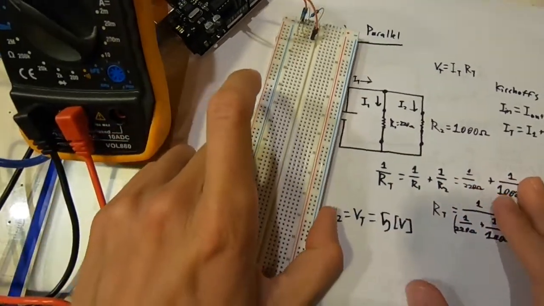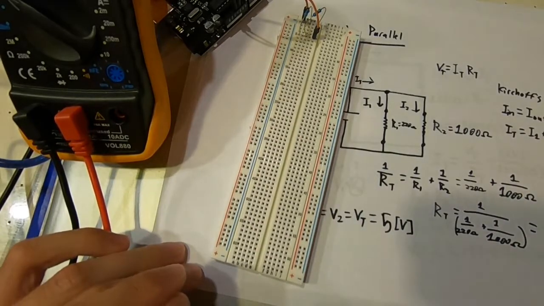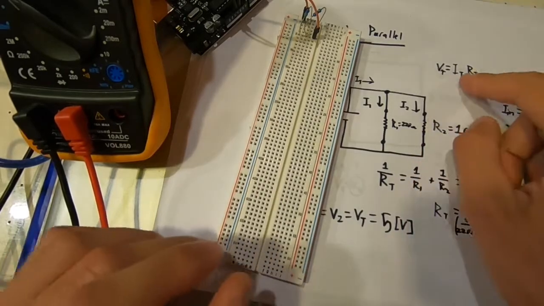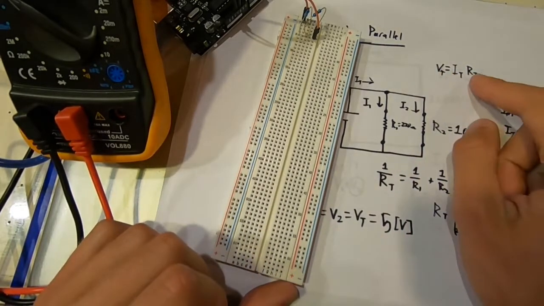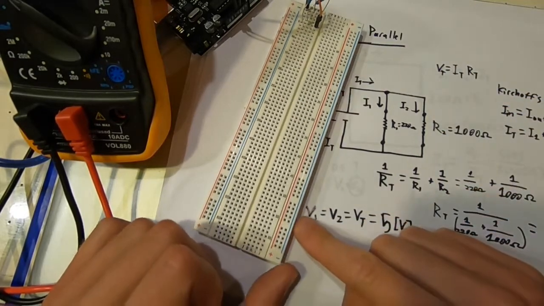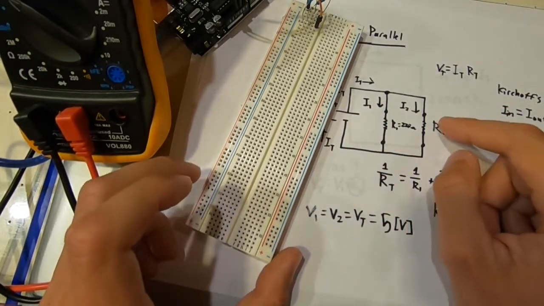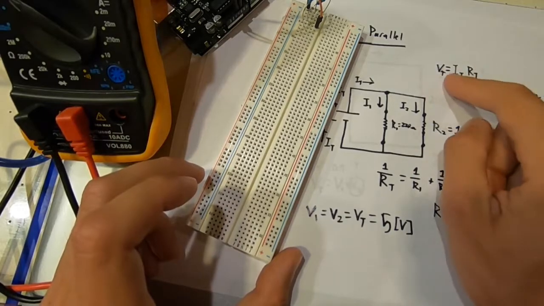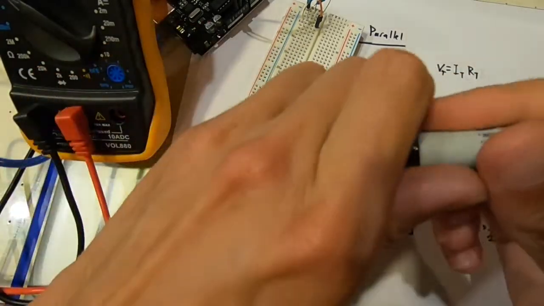Okay, but what about our current? So again, going back to this equation here, now we know what our voltage is going to be across each of these resistors. We know what the resistance is, so we can find the current.